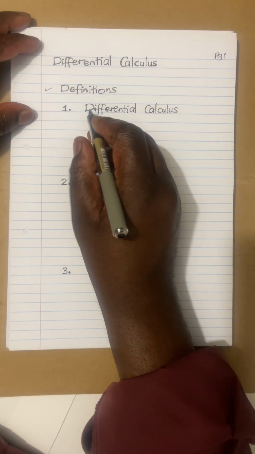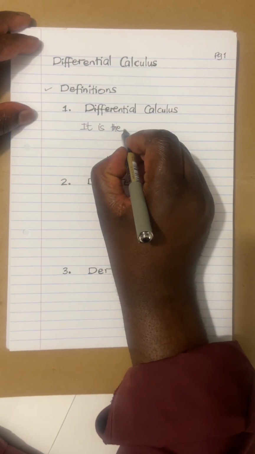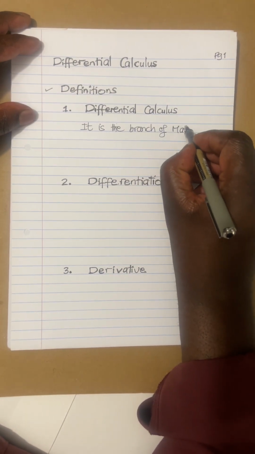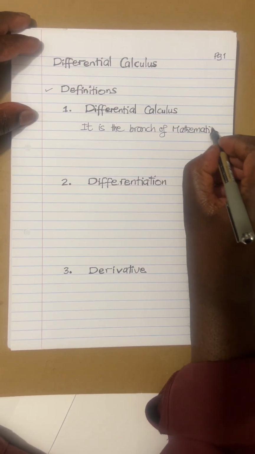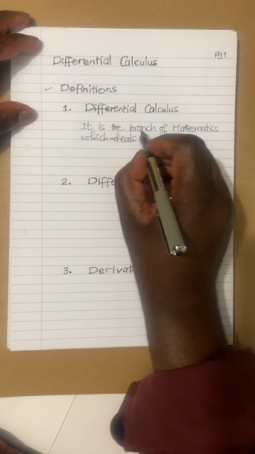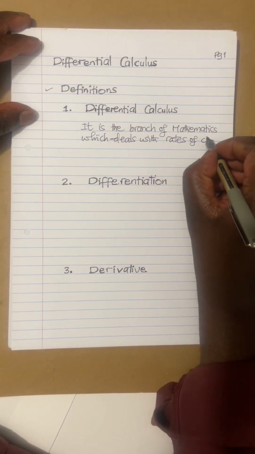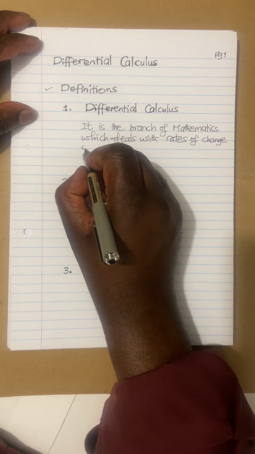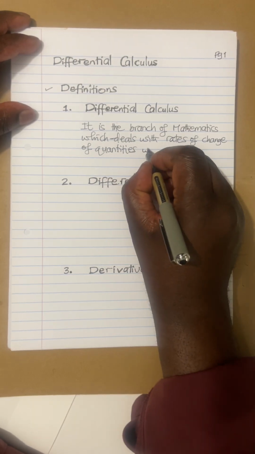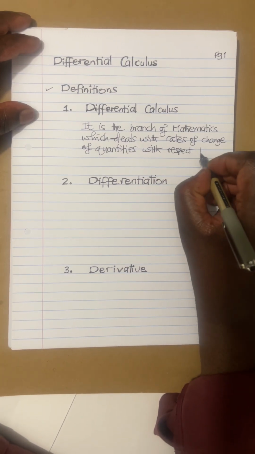So we define differential calculus as the branch of mathematics which deals with rates of change of quantities with respect to others.